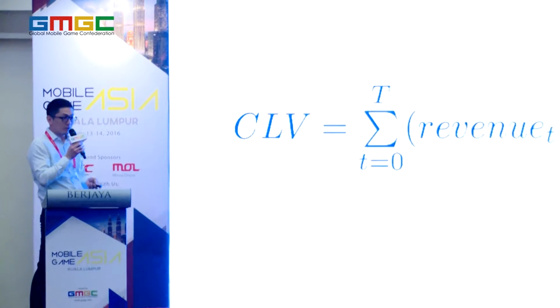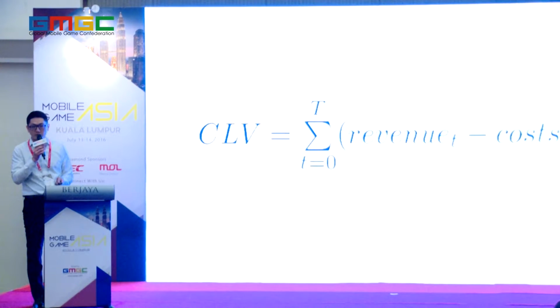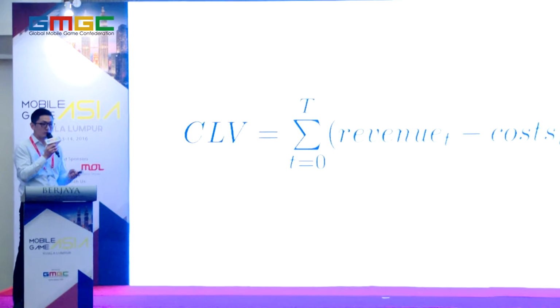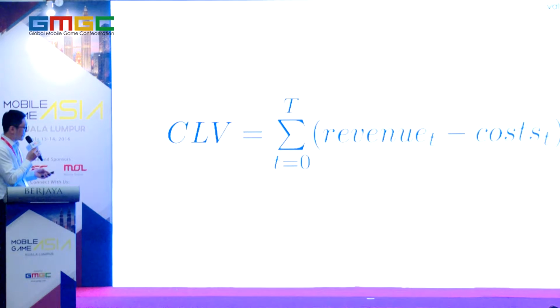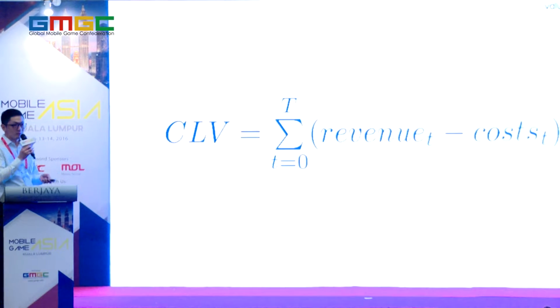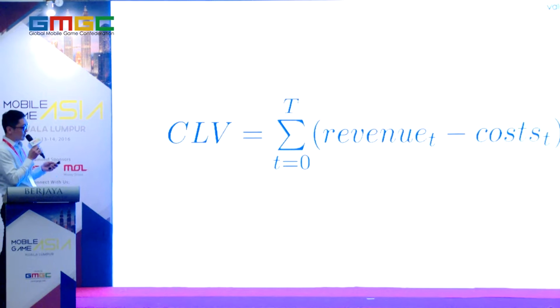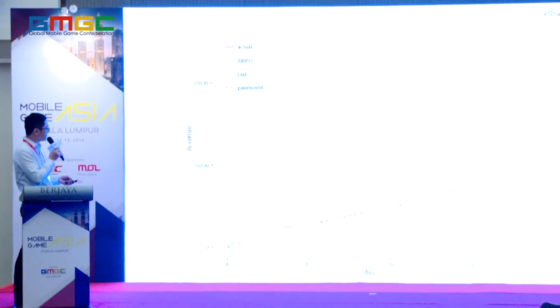Lifetime means the time period between the user installing your application until they churn out. Value means the revenue contributed by the users throughout that time. So CLV is the expected revenue you can get from your users throughout the lifetime.